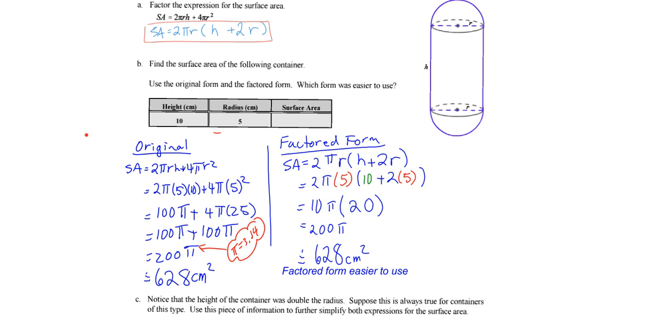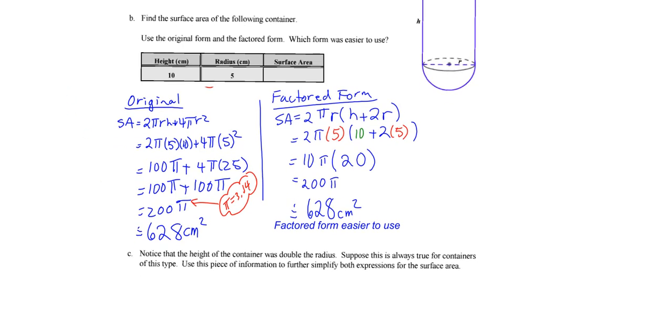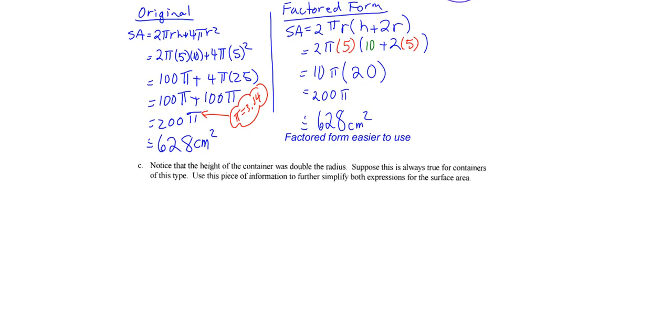Now, here's a question for you. All right. So you notice that the height of the container was double the radius. Okay? Suppose that this is always true for containers of this type. We're going to use this type of information to simplify both expressions for the surface area. So to start, let's go and get those equations and put them down here.